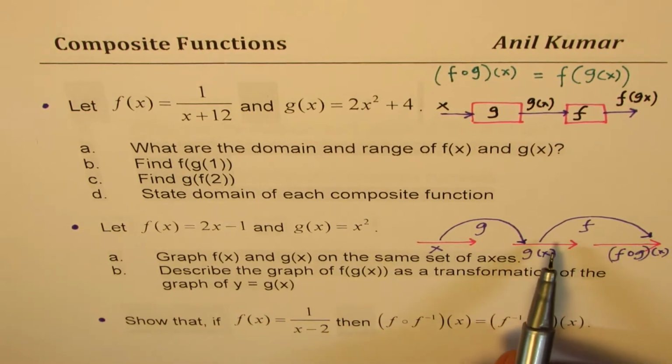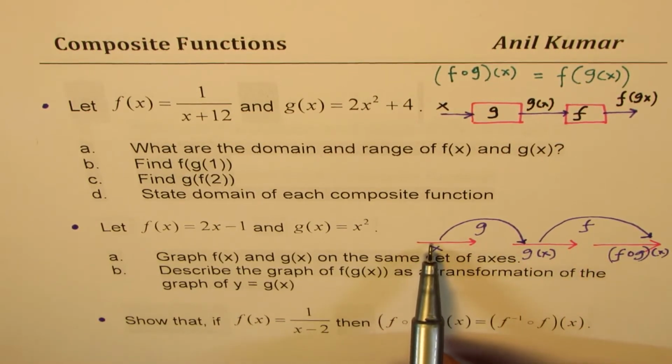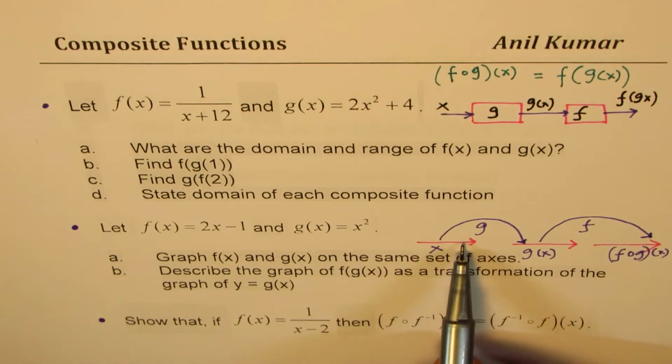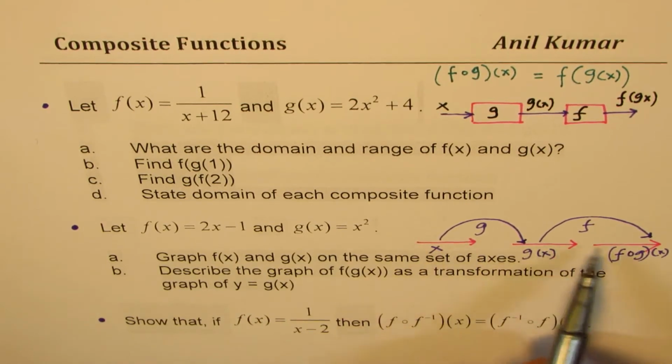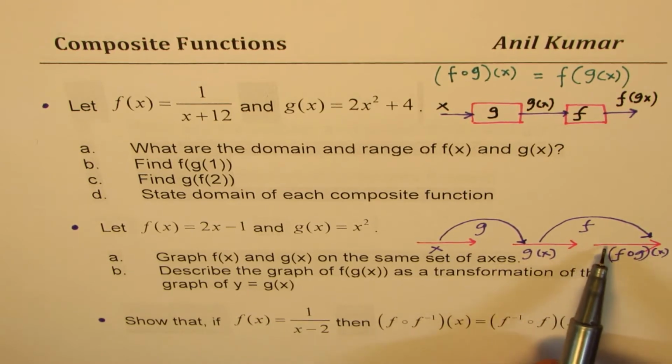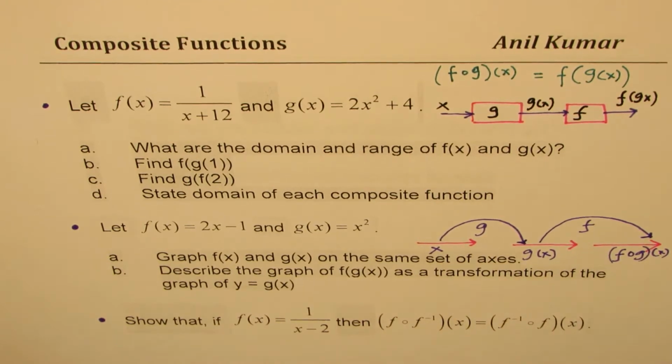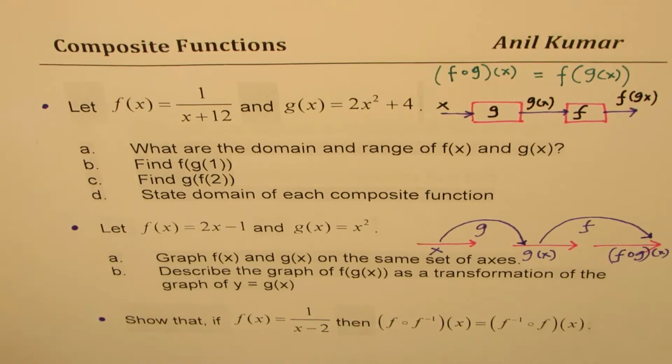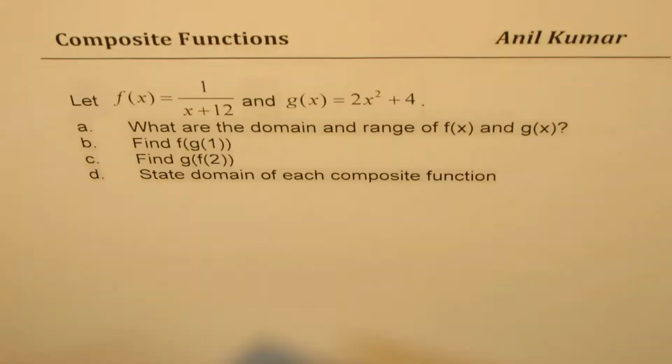It clearly shows one thing, that the domain of g becomes the ultimate domain, and then we have to look into the output of g of x if there are some elements which could be restricted because of f, then they add to the domain. You get an idea of domain from this diagram very clearly. Correct? So with this information, let's move forward and answer these questions one by one.